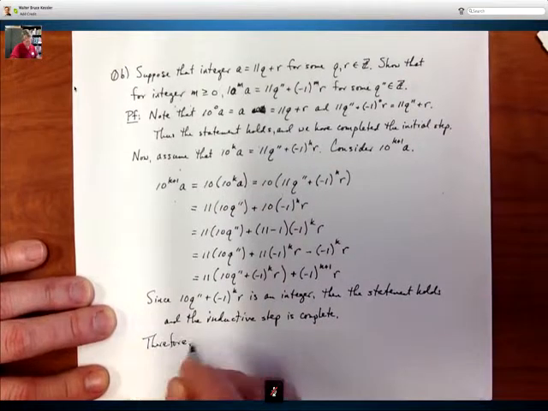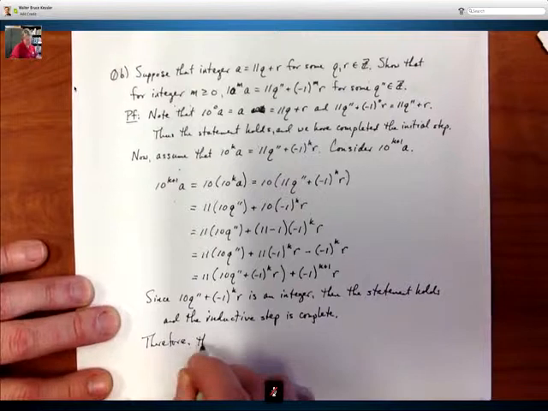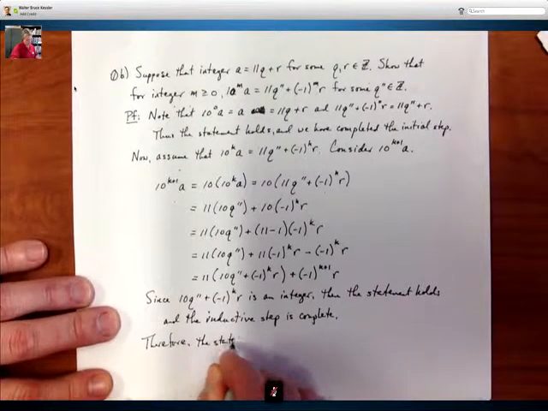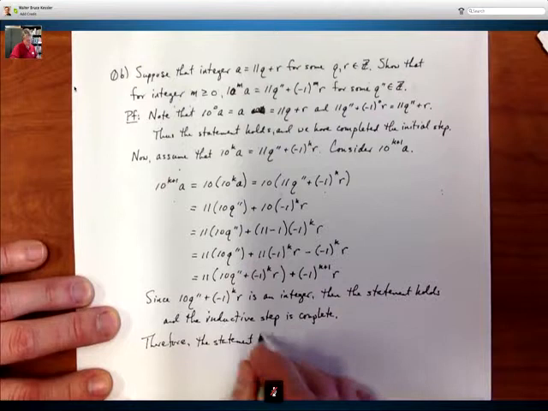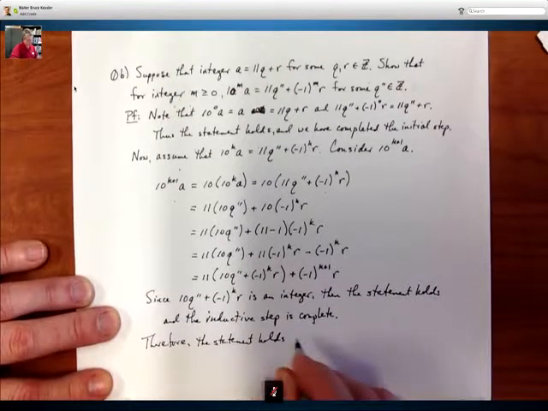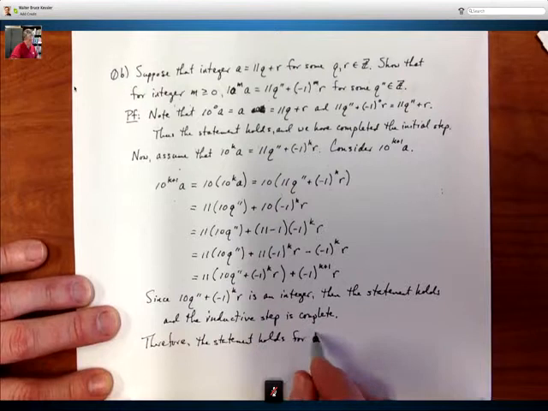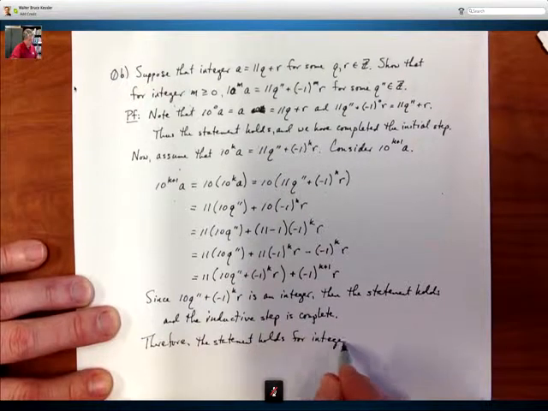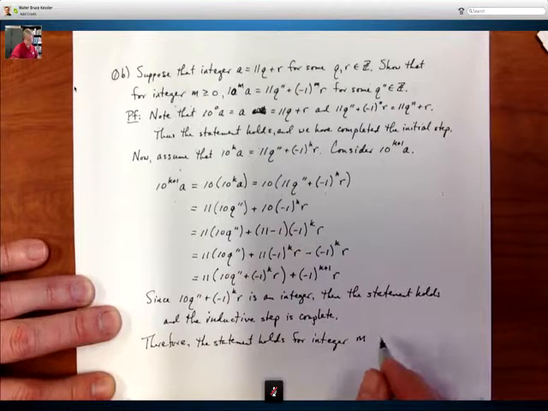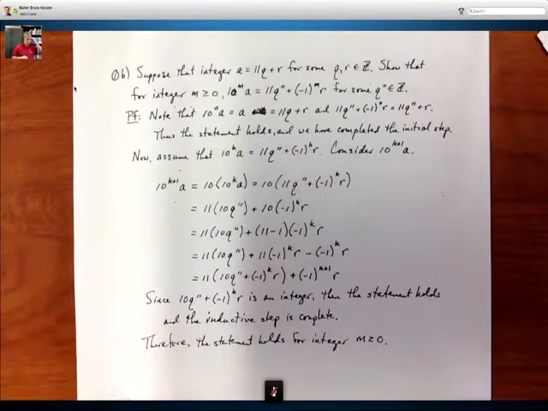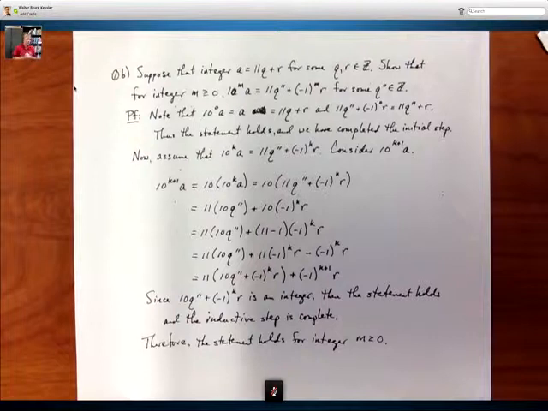Therefore, the statement holds for integer m greater than or equal to 0. Okay? Not bad, not bad. Fairly educational proofs. Learned some really good tricks here, right?